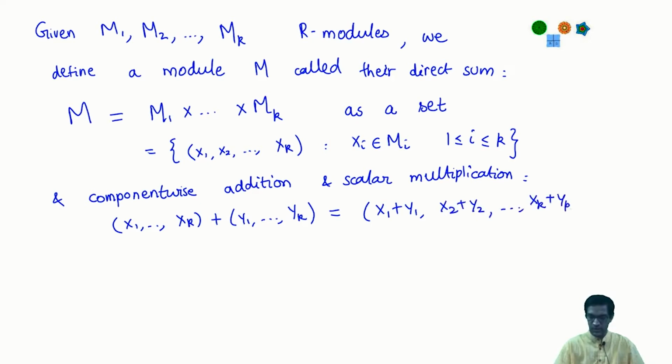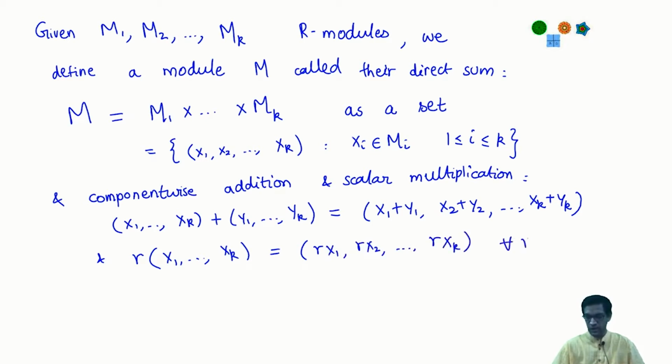And if you want to multiply by the scalar r, then r times (x1 through xk) is just rx1, rx2, through rxk. All these hold for all r in the ring and for all xi, yi elements of Mi, i from 1 to k. So this is what we mean by componentwise addition and multiplication. This is a keyword here.